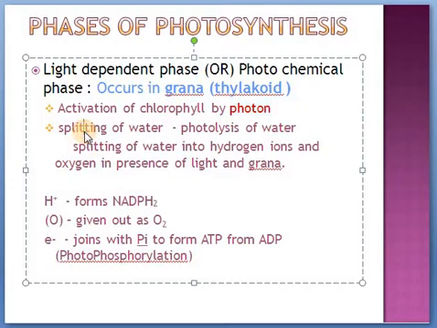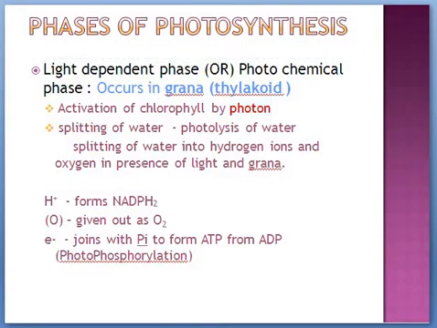Now the second thing that occurs is splitting up of water. Already we discussed that 12 molecules of water are involved for 1 molecule of glucose formation. What is the chemical formula of water? H2O. So this is splitting of water molecule in the presence of light. Photolysis produces proton or hydrogen ion, nascent oxygen, and electron.